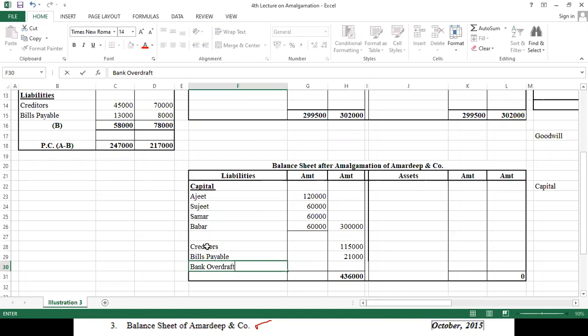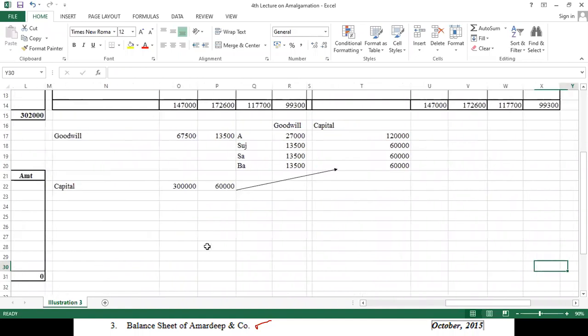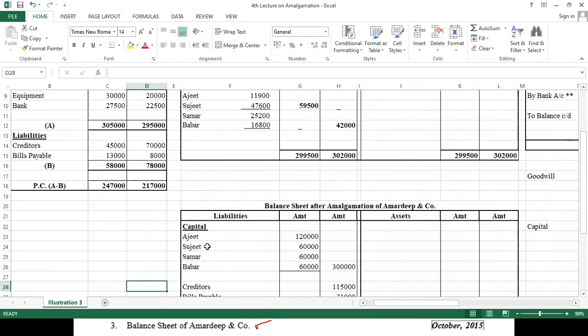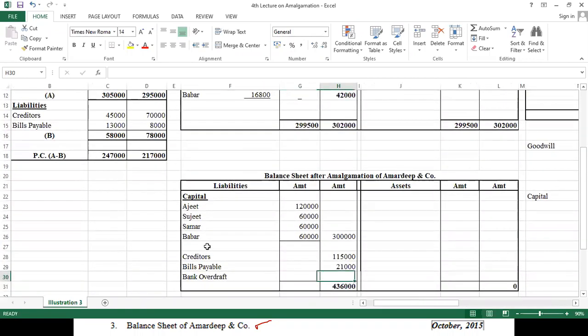And last item we have bank overdraft, वो हमको बैंक अकाउंट से पता लगा कितना था बेटा? देखो यहाँ पर 46,000, यहाँ पे था 46,500. So here we will going to write 46,500. So I will going to put this as a B. Control B means bold.